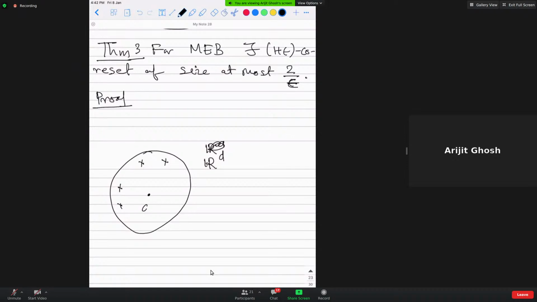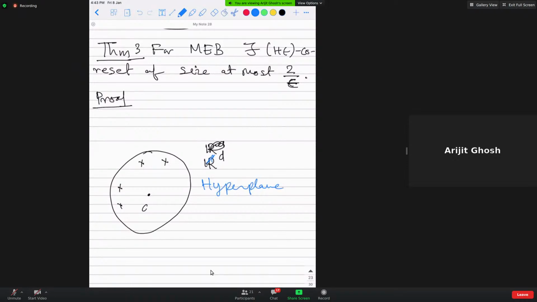So we will use this small technical thing. Does everyone know what a half space is? You know what a hyperplane is, right?